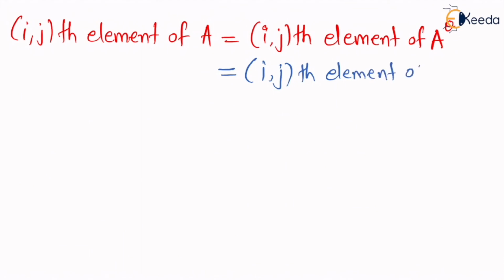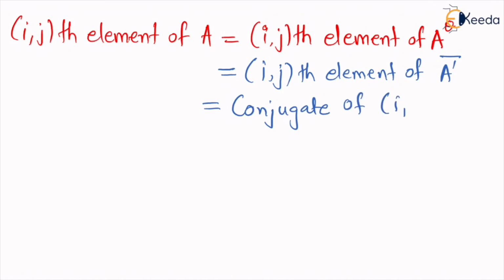It is nothing but the ijth element of A dash bar, where this horizontal line denotes the conjugate. So it will be the conjugate of the ijth element of A dash.